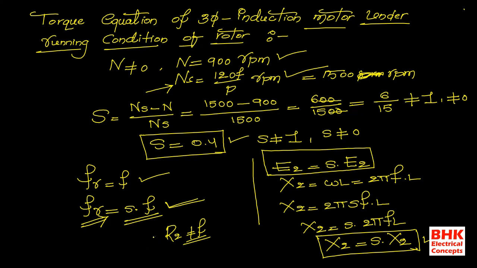So that is the reason why we are not going to multiply S to the R2, and we are not going to multiply S to I2 also, because I2 is also not a frequency component. Okay, only the frequency component terms are E2 and X2. It means that under running condition of a rotor, we need to multiply S to E2 as well as S to X2. Clear?